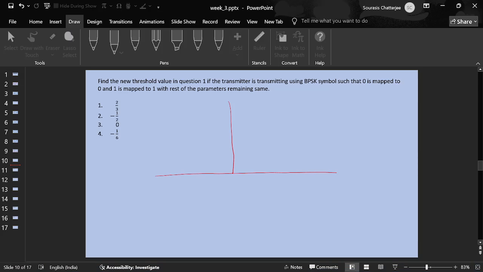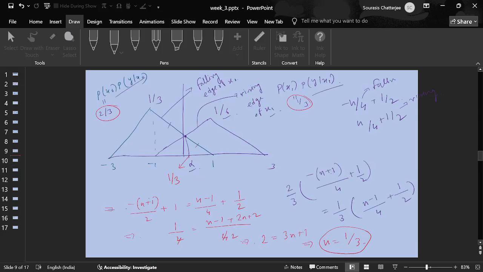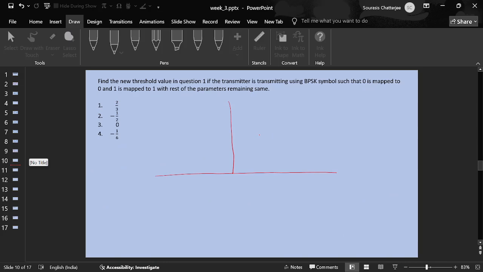P of x naught. There is not any change in P of x1. So, P of x1 given y, that is the a posteriori PDF. Let us draw that first because that remains unchanged.